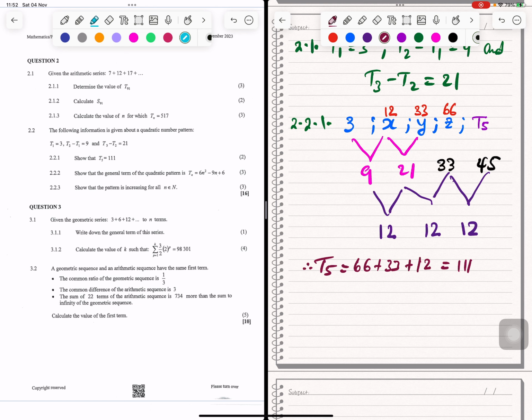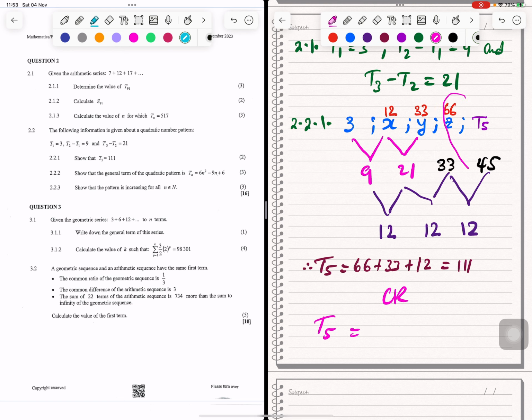The other way to get that value would be to say, let me just write OR here. Or to get T5, it will be the sum of these two. They will amount to that term. So it is basically saying 66 plus 33, let's check what you guys get. No, not 33.